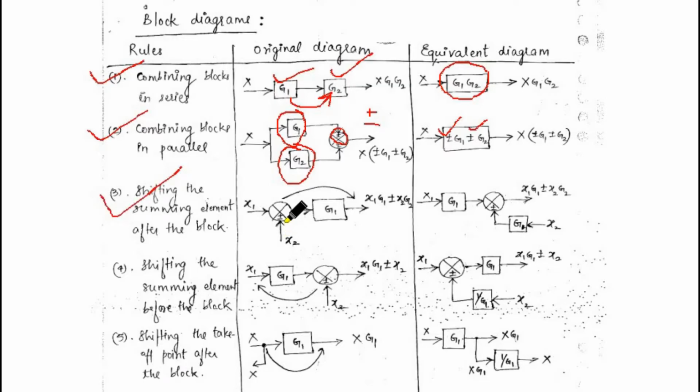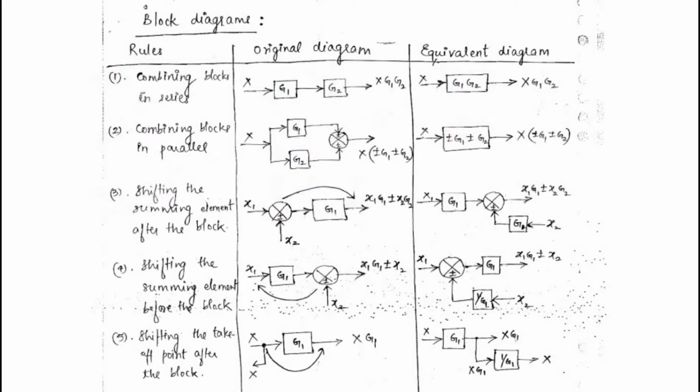Next, shifting a summing point in front of your plant transfer function. Now I am shifting this summing point to in front of this G1 plant. Look carefully. Here x1 is there, and this is x2 with a plus or minus sign. So the signal will be x1 plus or minus x2.